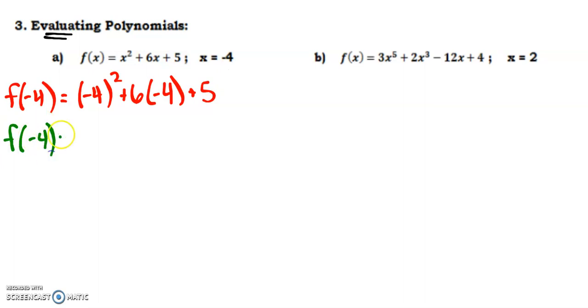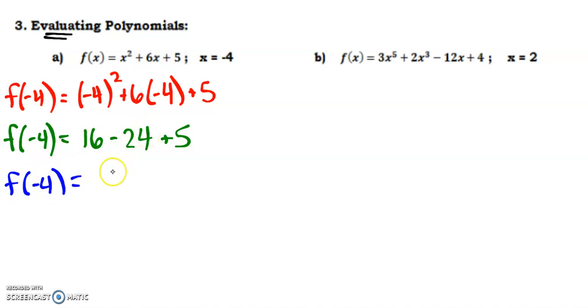So f of -4 equals (-4) squared, which is 16, minus 24 plus 5. 16 minus 24 is -8, plus 5 is going to end up being -3, which means that when x is -4, y is -3.